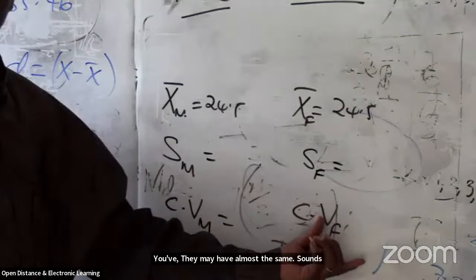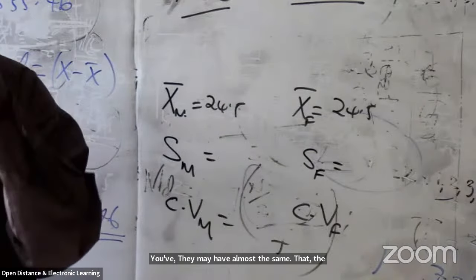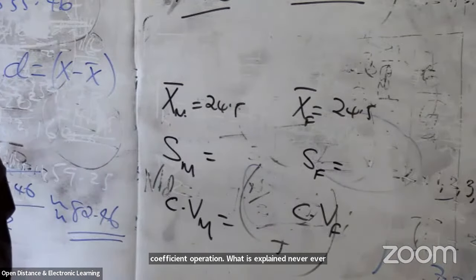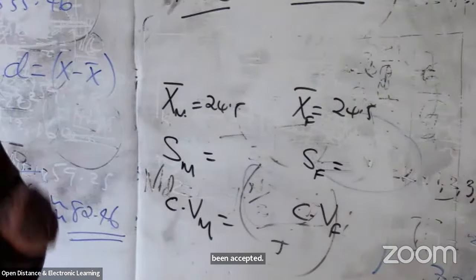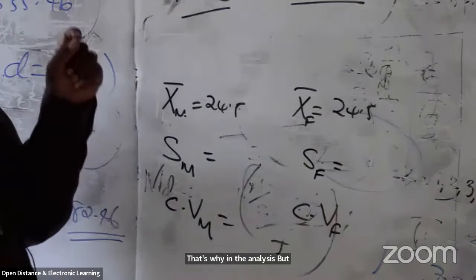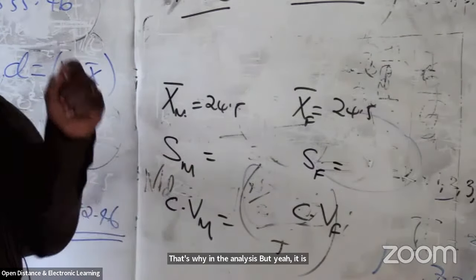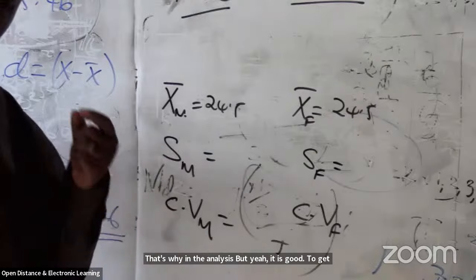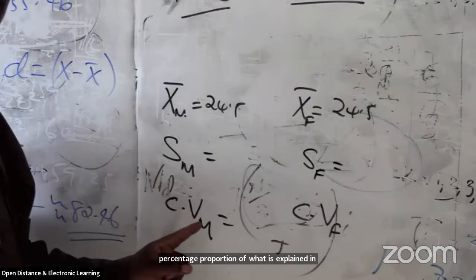The coefficient of variation, what is explained, will never, ever be the same. That's why in the analysis of variance, it is good to get the standard deviation and go further to get the percentage proportion of what is explained in terms of the coefficient of variation.